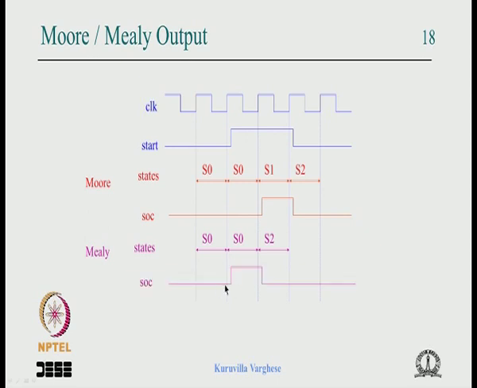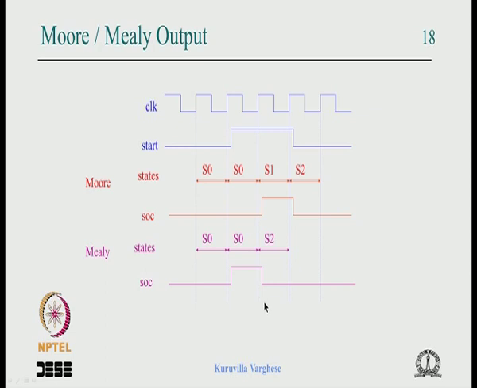I have not shown that, but it is delayed a bit. So this comes like that, which is very nice. The advantage is one state less, and the output appears much earlier, at least a clock period before. The Mealy output responds faster.